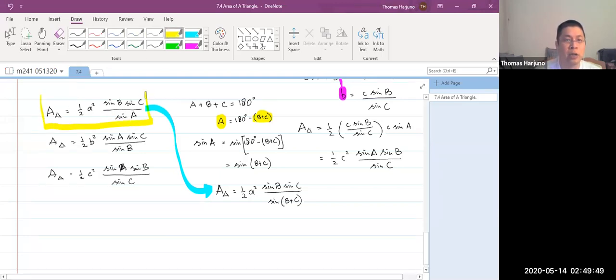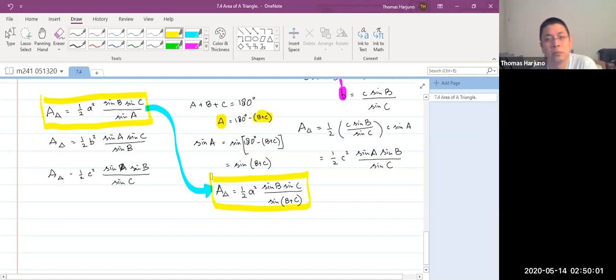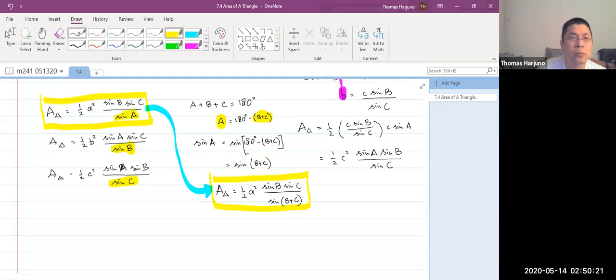Basically, if you want to use that, then once you get two angles, find the other one, while with the formula I just have here, I don't need to find the other angle. You can use either formula. So the one underneath here, for example, you can replace that with sine of A plus C. You can replace this by sine of A plus B, like that.